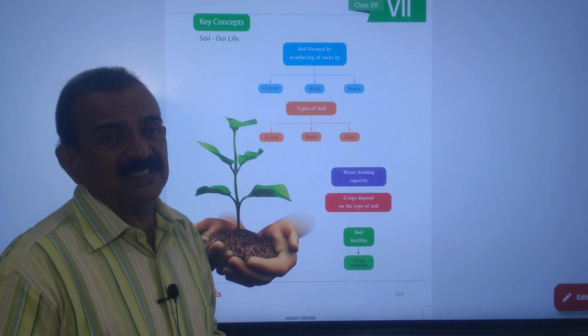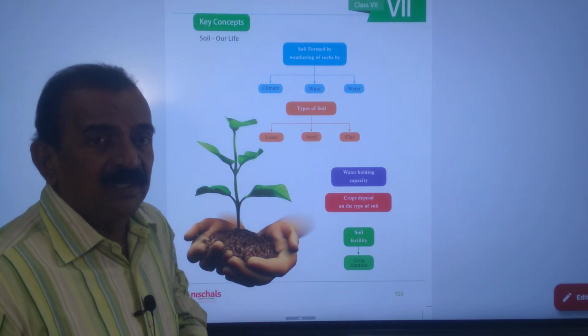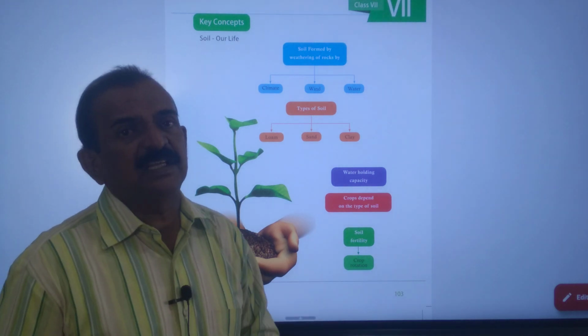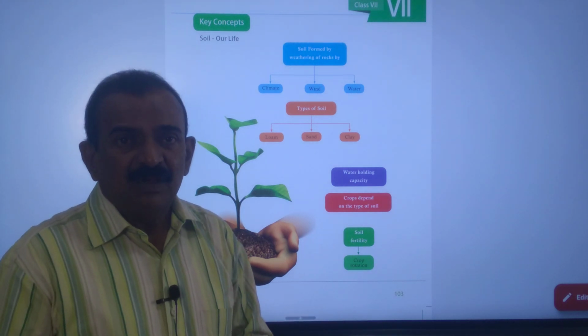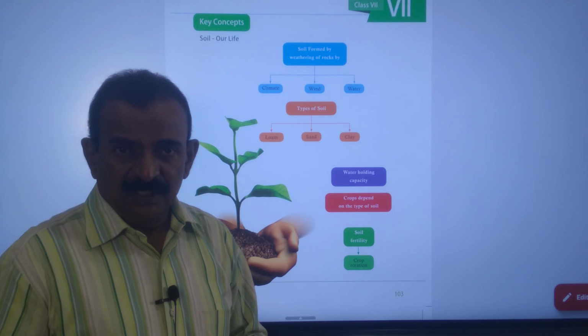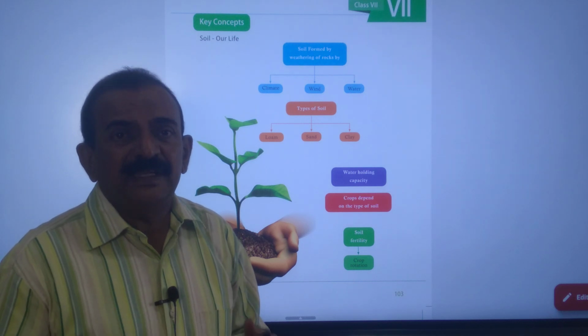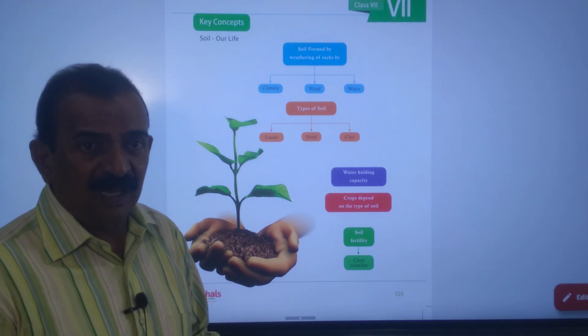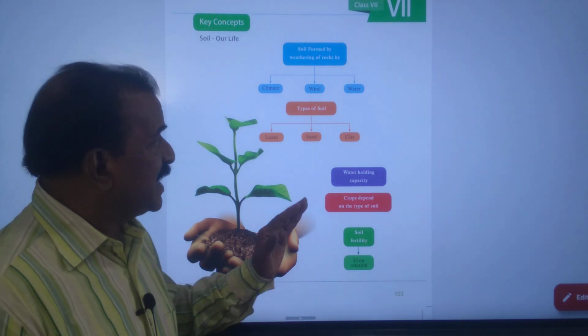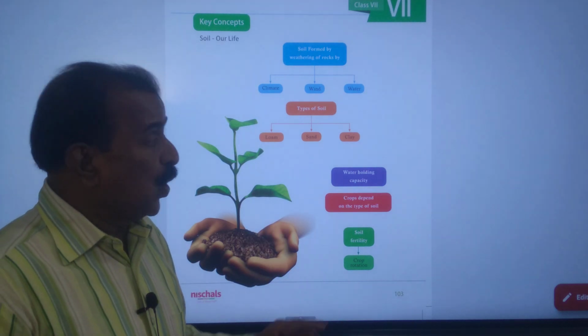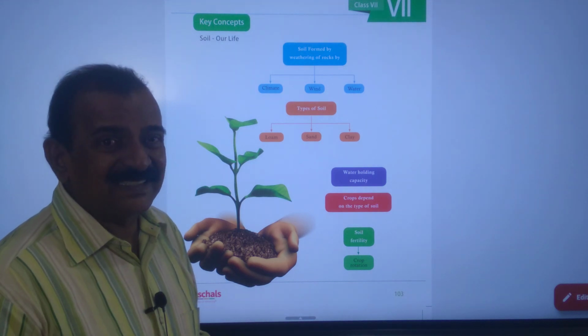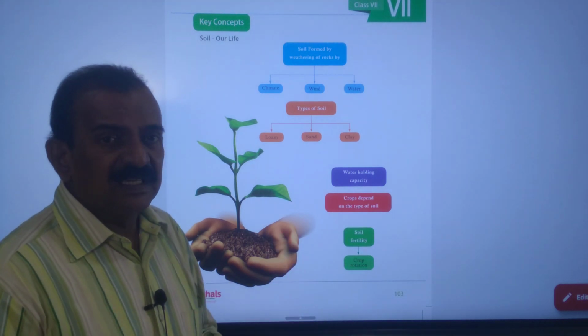And we need to understand about what types of soils. So here in this chapter we are observing that there are 3 types of soils on the earth. So mainly, number 1 loam soil, and second one is sandy soil, and third one is clay soil.